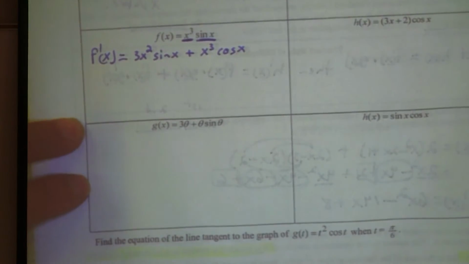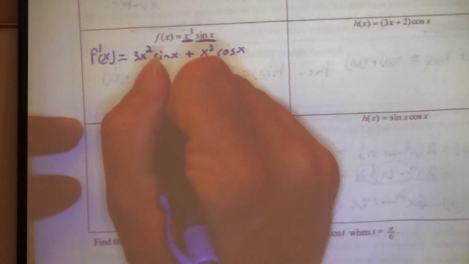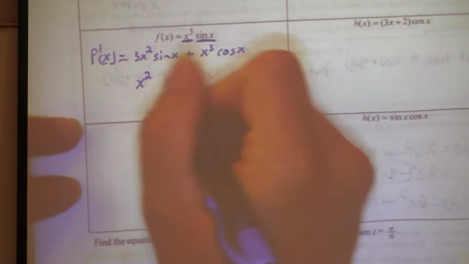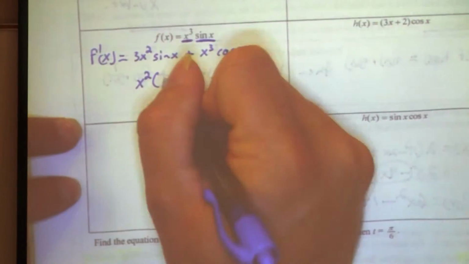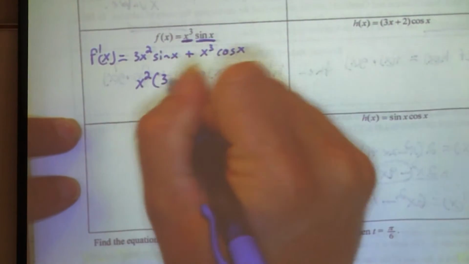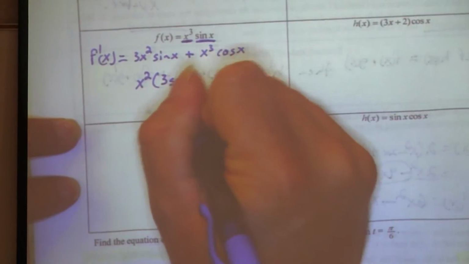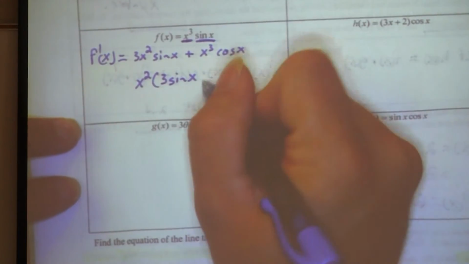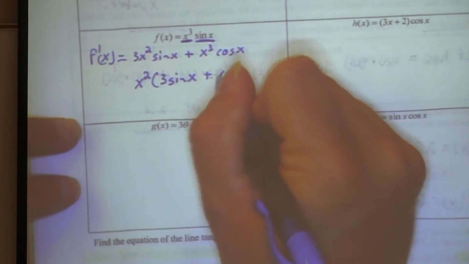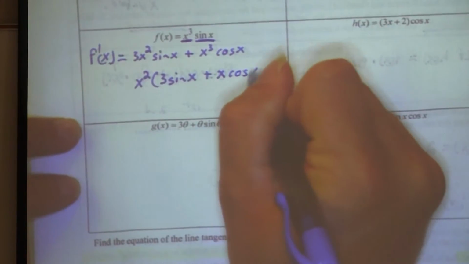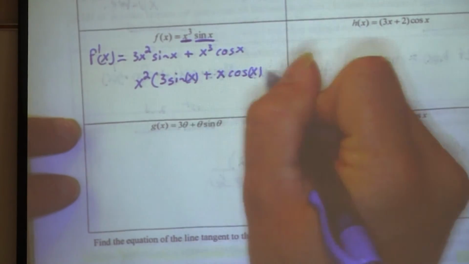Can I do anything to this guy to simplify it or write it in another way? I can. What is it that they both have in common? An x squared, right? And what would we be left with? 3 sine of x plus x cosine x.